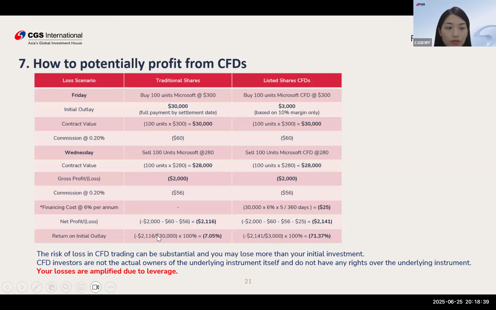So the risk of loss in CFD trading can be substantial, and you can actually lose more than your initial investment. CFD investors are not the actual owner of the underlying instrument itself and do not have any rights over the underlying instrument. Okay, so from this example, you can see that the losses are amplified also due to the leverage.